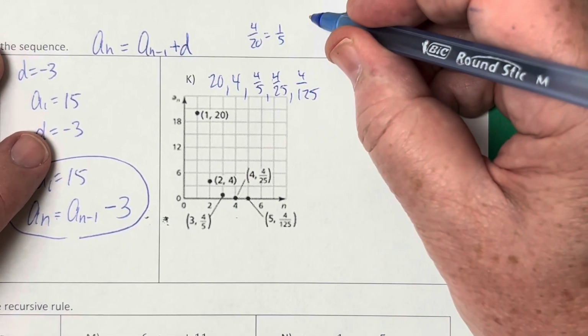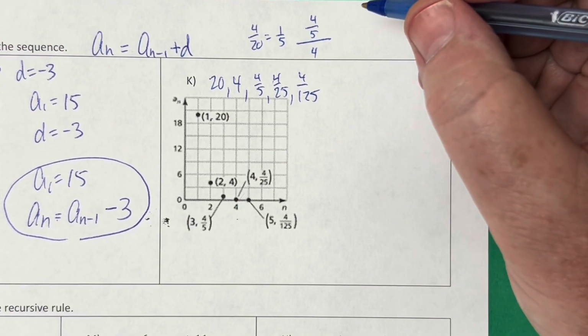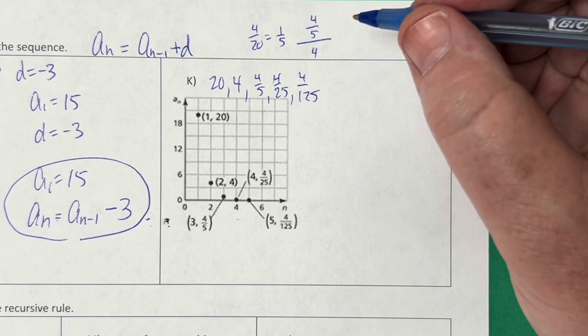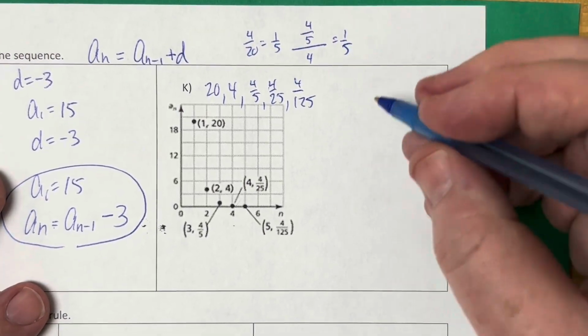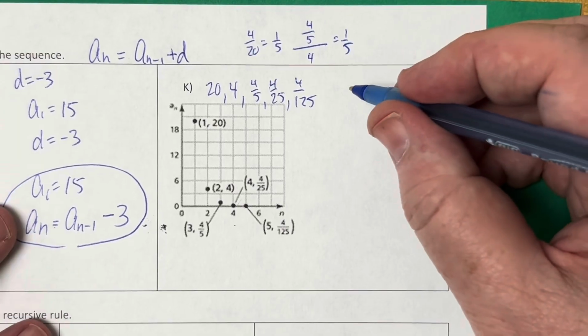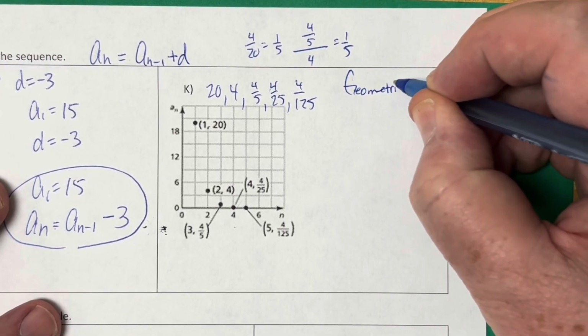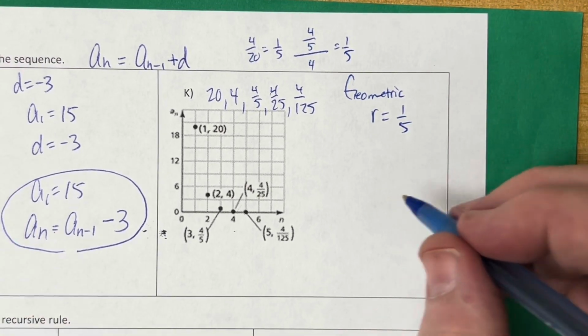And if we do 4/5 divided by 4, that's 1/5. So we have a geometric sequence here, and r is 1/5.